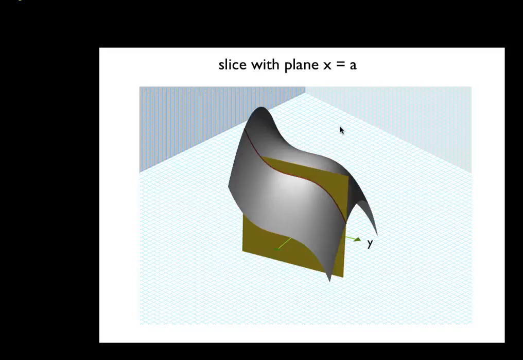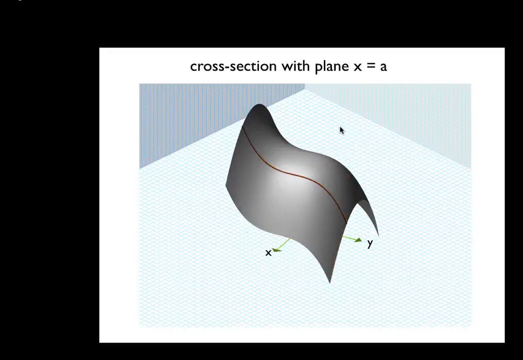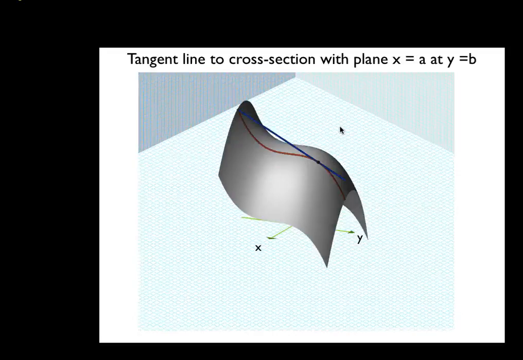So that's what you have if you hold x constant. And now you have z as a function of y. When you take the partial derivative, you'll be finding the slope of the tangent line. So here's the curve that we get from the intersection, and here is the tangent line.